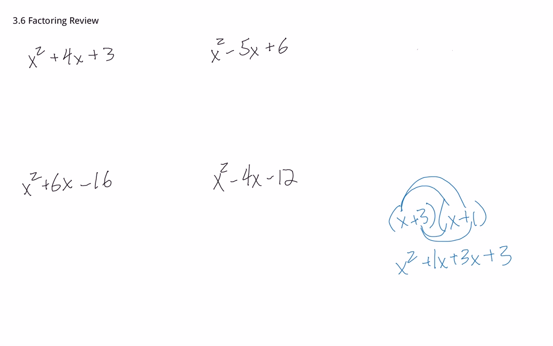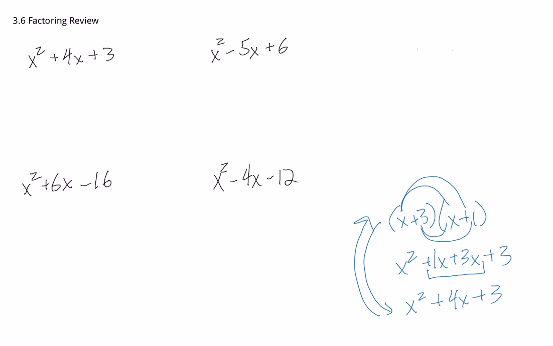You can see these two middle ones we could add together to give you 4x. So when we multiply, we go from the factored version to the answer. Now when we factor, we're just going to start with that and go backwards.